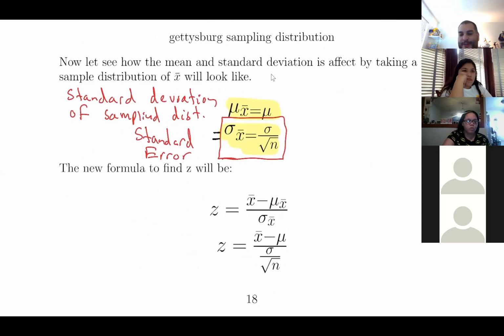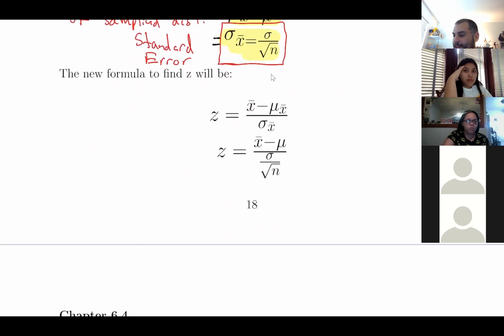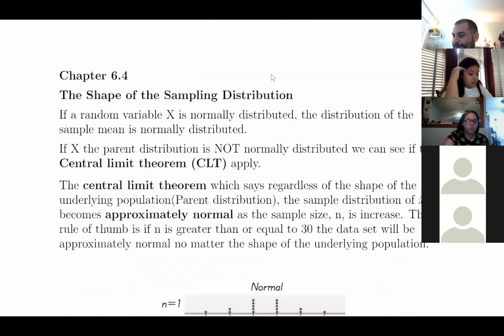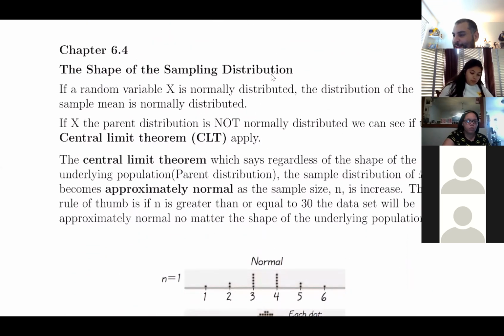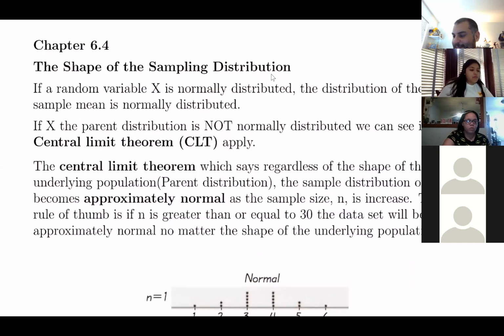The new formula for z-score is going to be equal to that, but since we're using ClassCalc and the TI-83, we're not really going to use this formula. You'd have to adjust the function in your calculator. So let's do a problem. Oh, sorry, before we do a problem, let's do the central limit theorem.